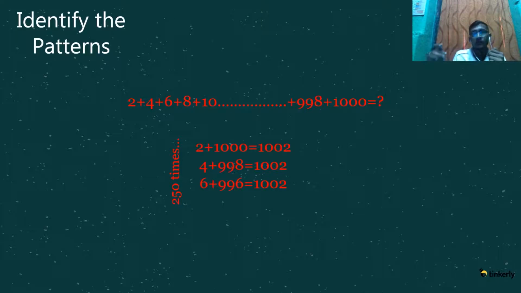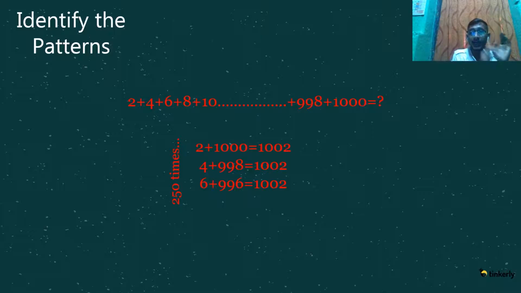So what you have to do is multiply 1002 by 250 times. 1002 multiplied by 250 is equal to that value. That value is the whole sum of this series. So how much time will it take? 2 to 5 minutes maximum.